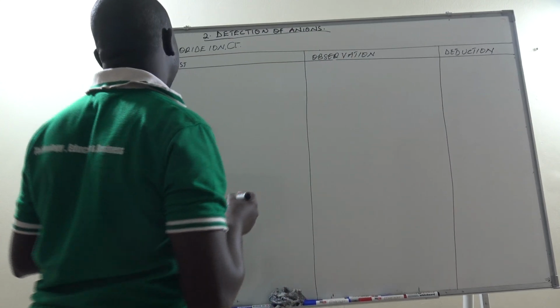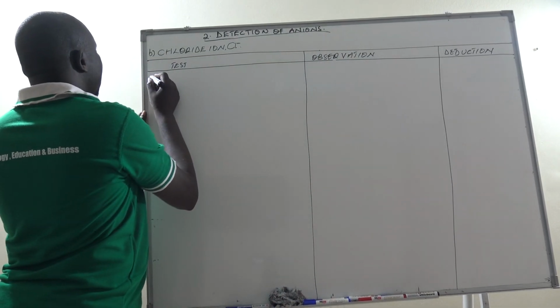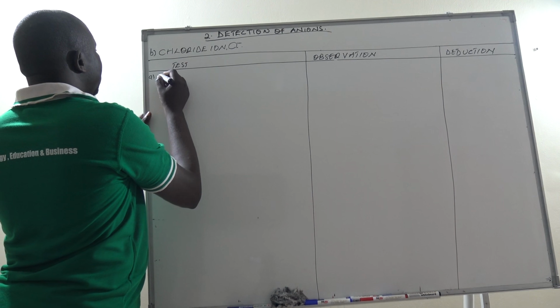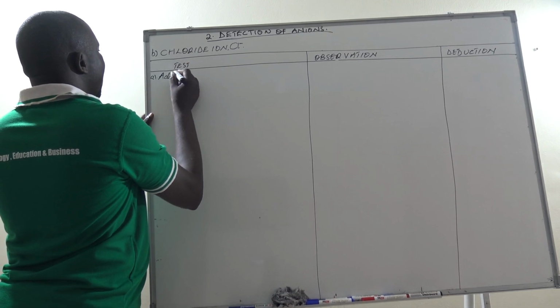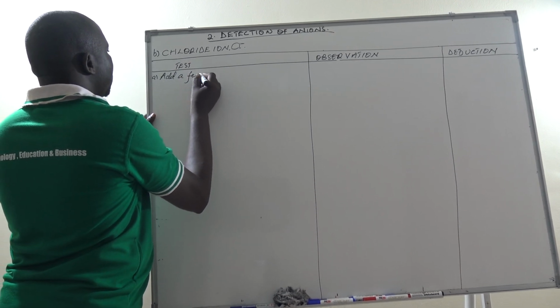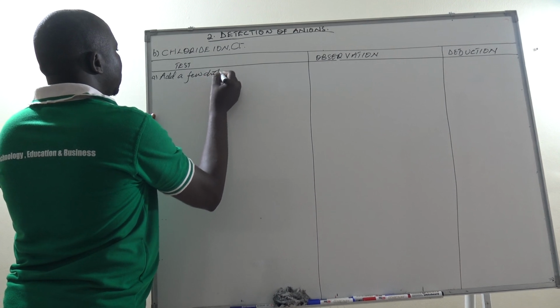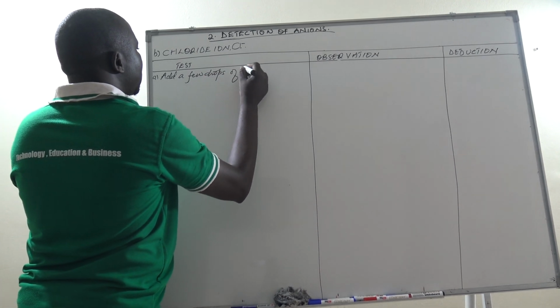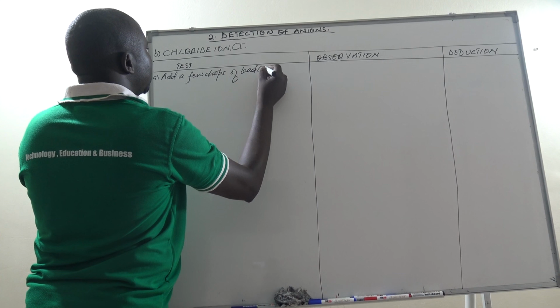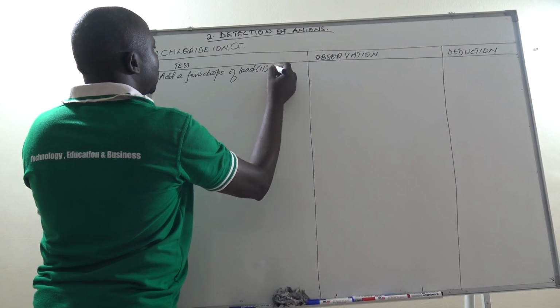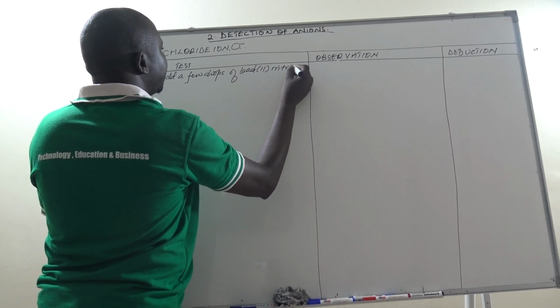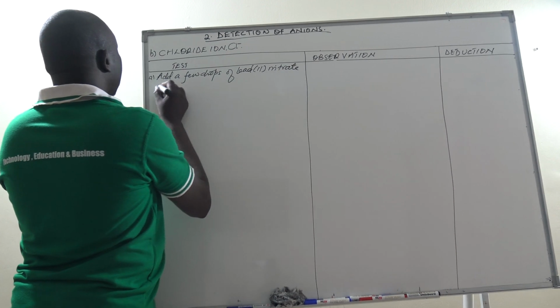Test, observation, deduction. The first test is still the use of lead 2 nitrate solution, in that we shall add a few drops of lead 2 nitrate solution.